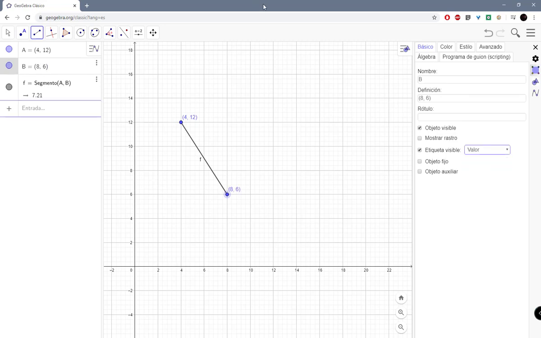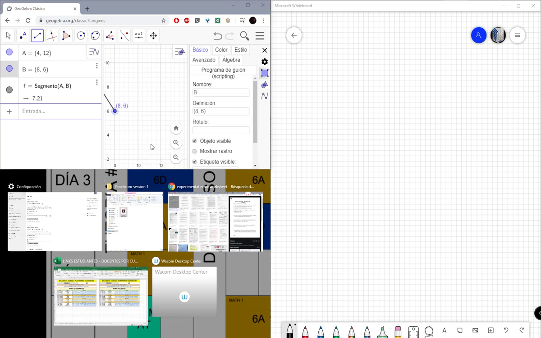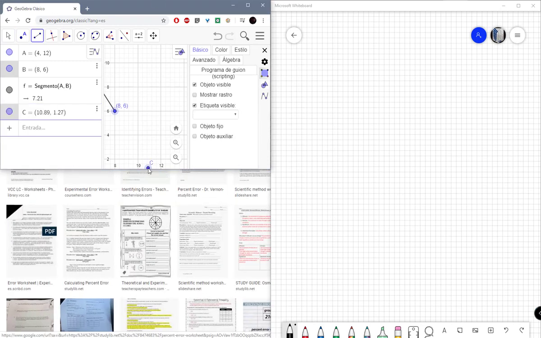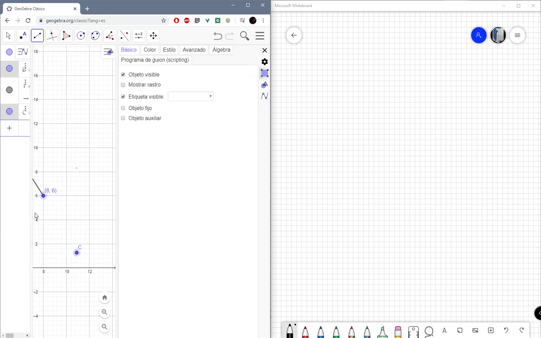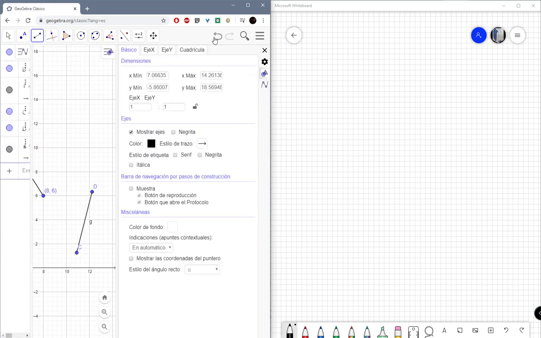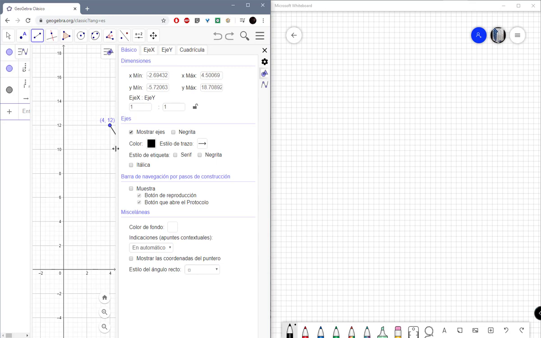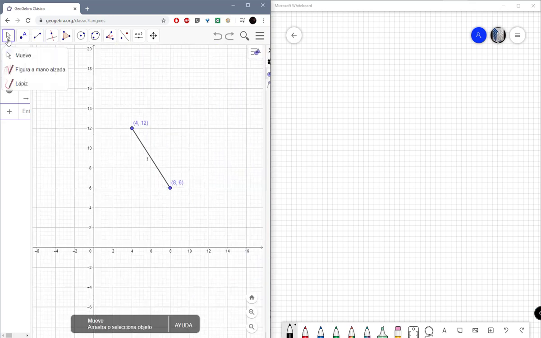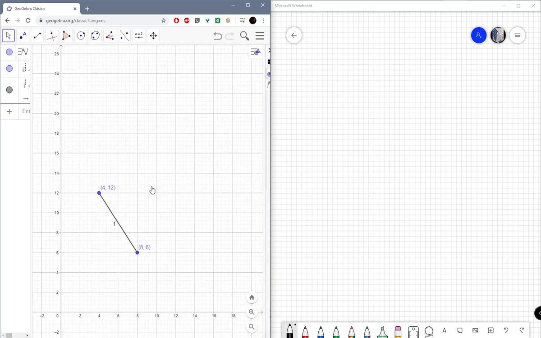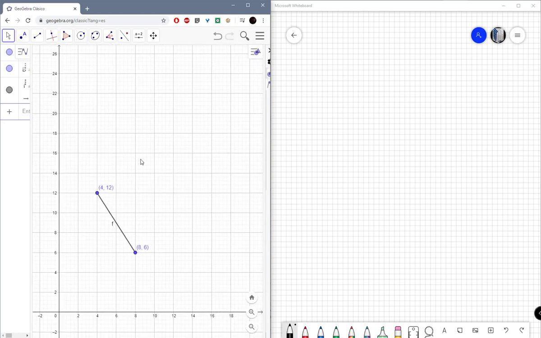Yes, so now I have 2 different coordinates for 2 points of one segment. You know that this usually happens to me, don't worry about it. To move the plane you always use this tool. Okay, so we have the 2 coordinates.